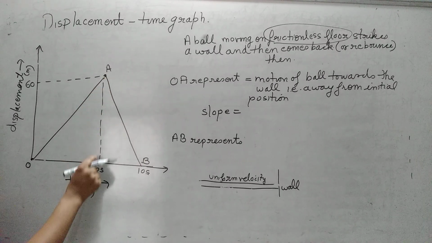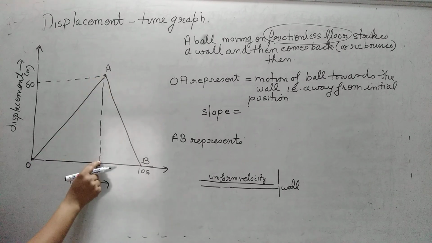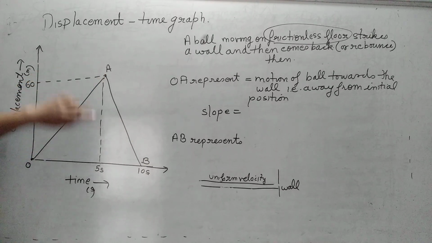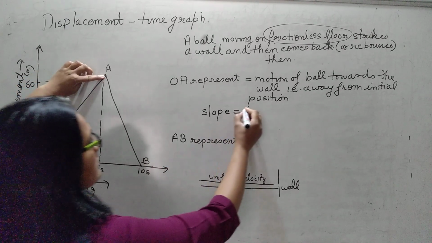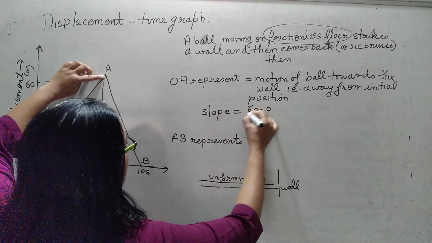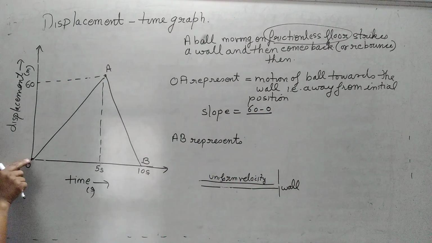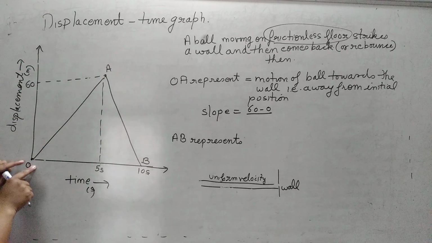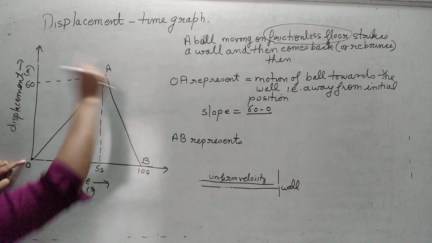Now what is this vertical height? From here to here, from final to initial. Final is A, that is 60 minus 0. And from here to here, time is always increasing. Where has the body gone? It has gone from O to A. That means this is initial, this is final.